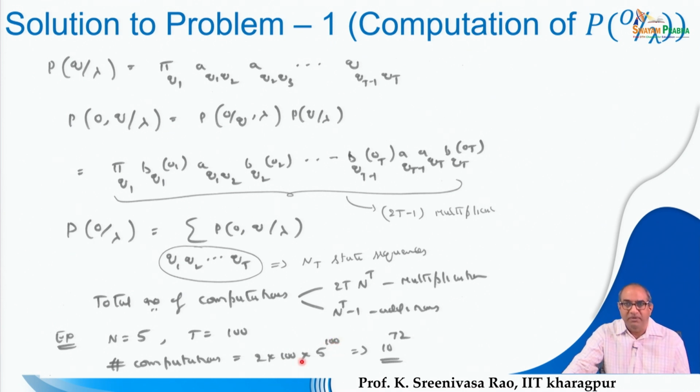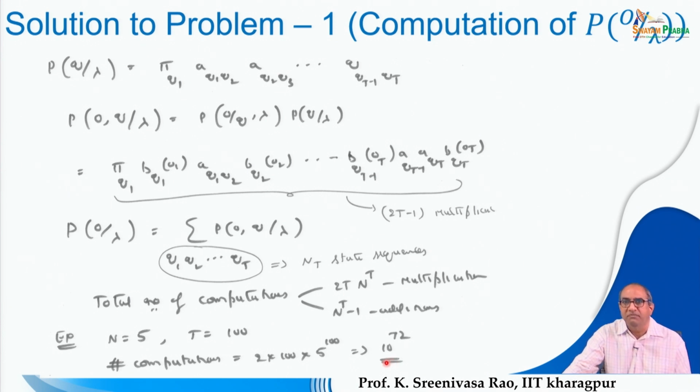If you approximate this in terms of powers of 10, this is close to about 10 power 72. Just imagine that for estimating the probability of a sequence of 100 feature vectors from a given model, the number of computations that need to be performed will be 10 power 72. It is very large.